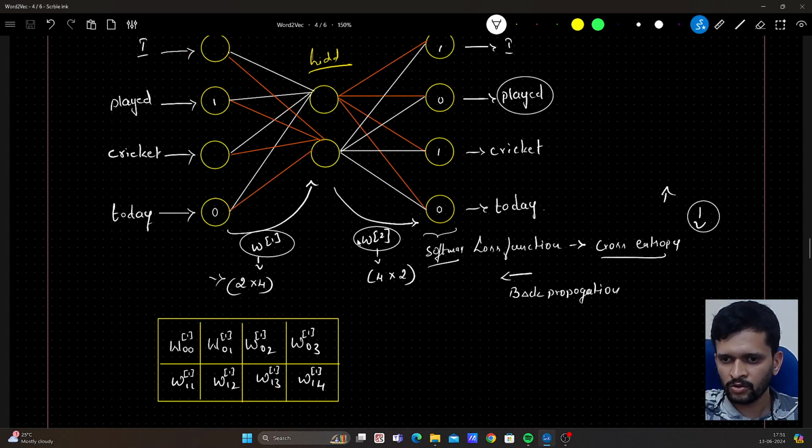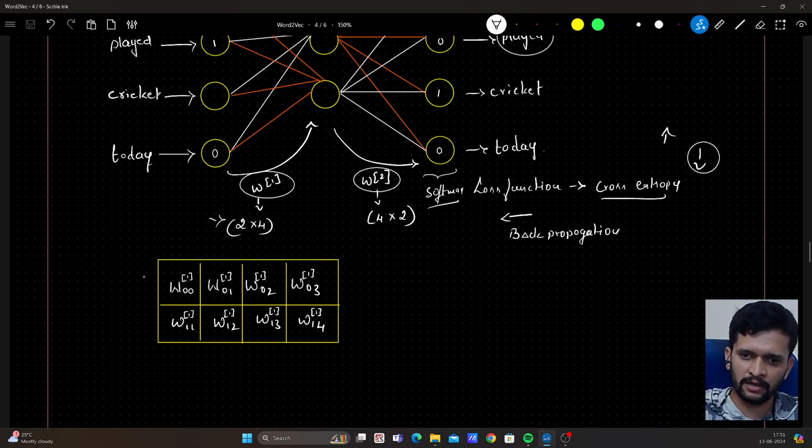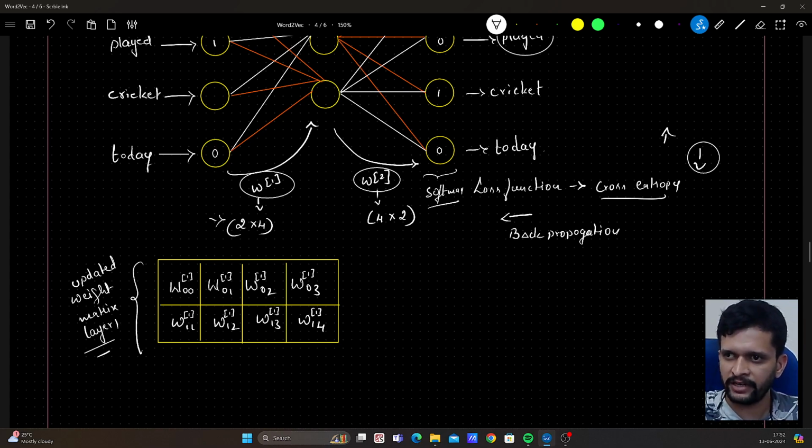So this is our updated weight matrix for layer 1. And this updated weight matrix is nothing but our word embeddings.